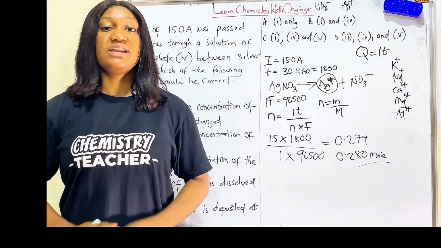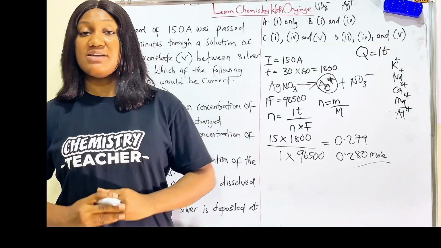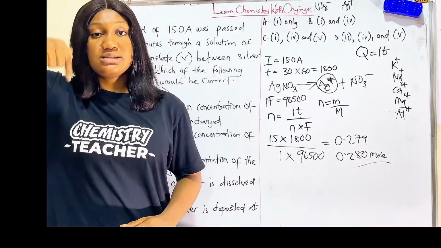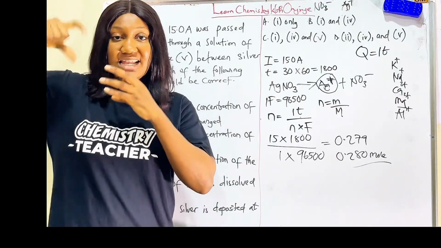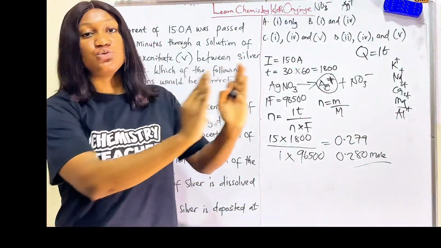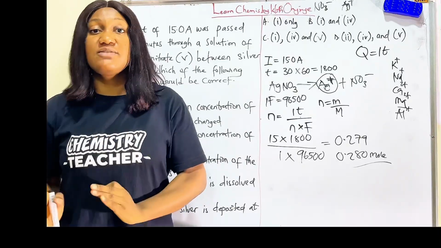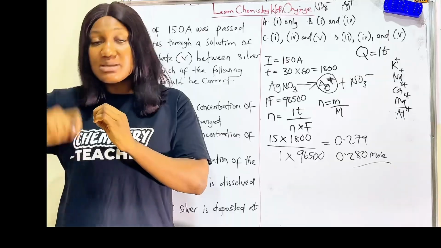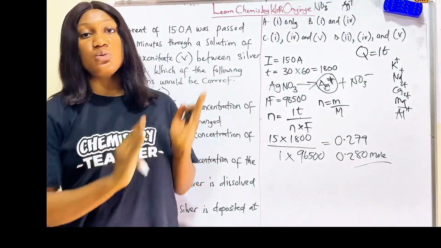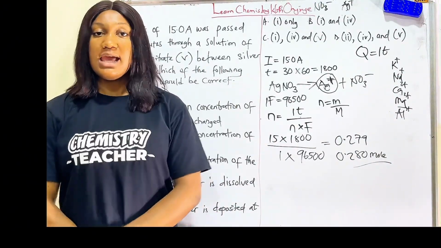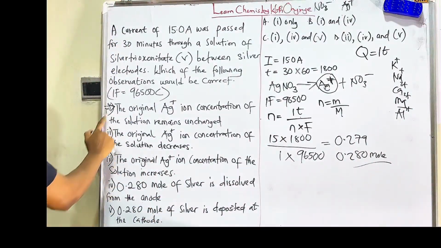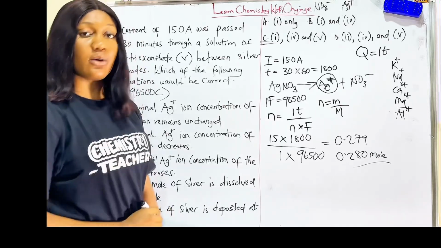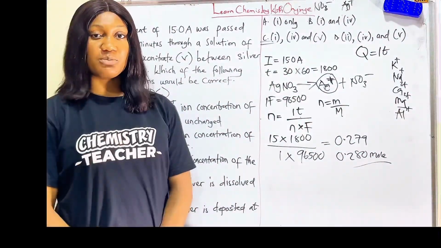However, the positive electrode is affected, and this is how. Rather than the cation being deposited, the electrode itself will dissolve, and the cation formed from the electrode is positively charged, so it's going to flow to the cathode to be deposited. And the answer to this question would be I, II, and B. So this is the answer to our question. I hope you understand this.